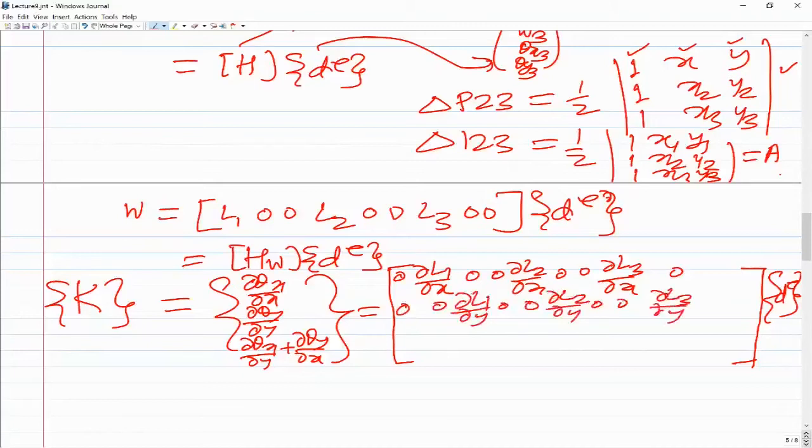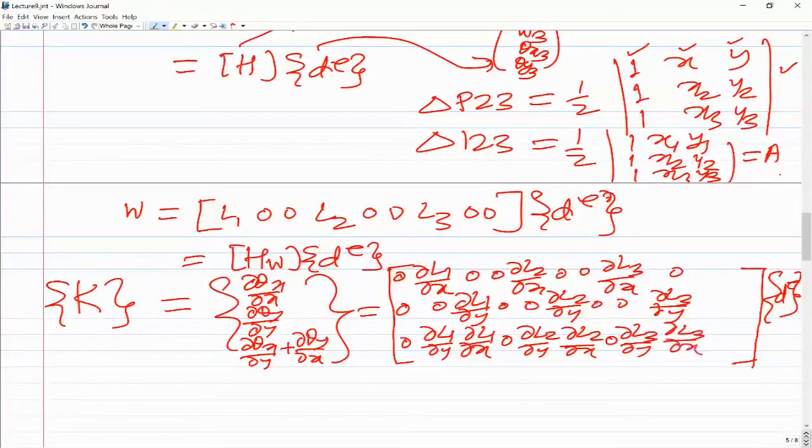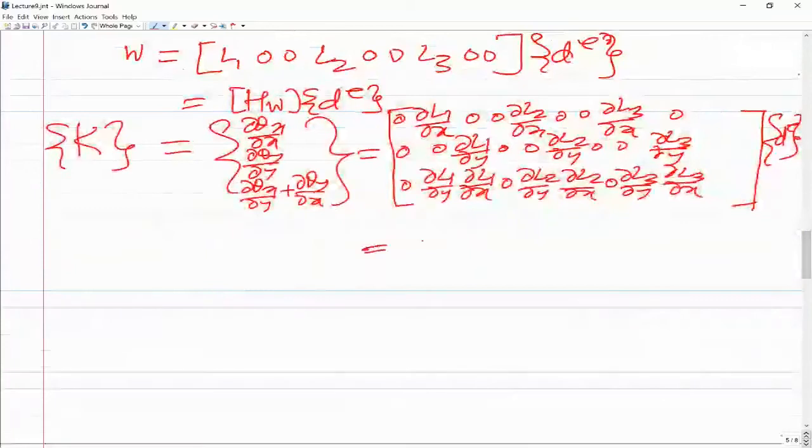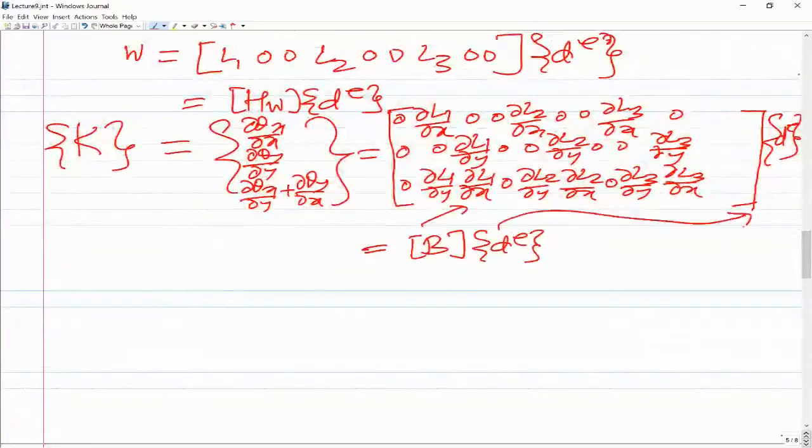And this will be 0 del L1 by del y, del L1 by del x, because it involves both theta x and theta y; 0 del L2 by del y, del L2 by del x; 0 del L3 by del y, del L3 by del x. So this is the curvature, and let us call this matrix B. So this will become B into dE, and this d is already there.